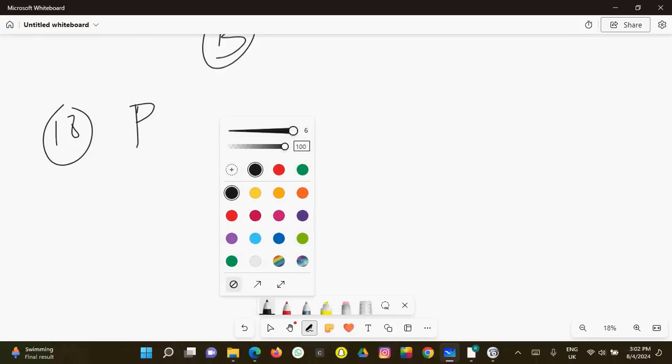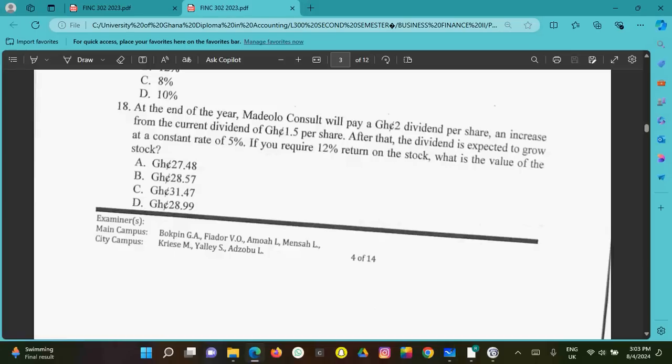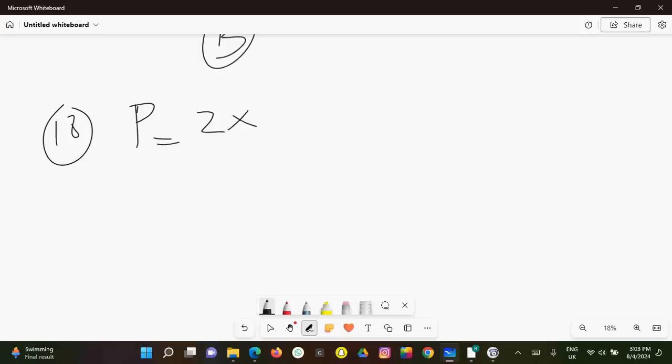So the price when it became constant is equal to 2 times the growth rate when it becomes constant, 1.05.